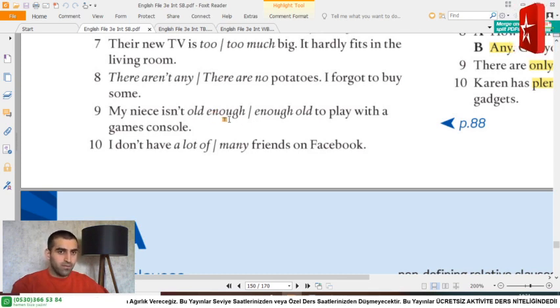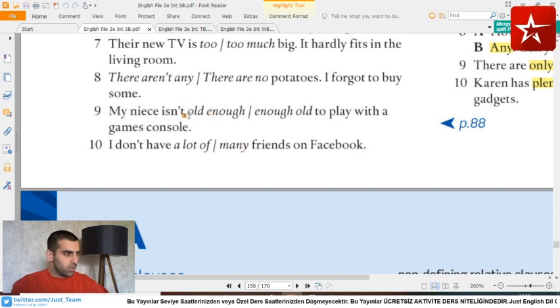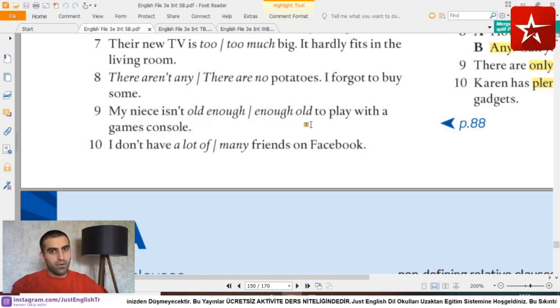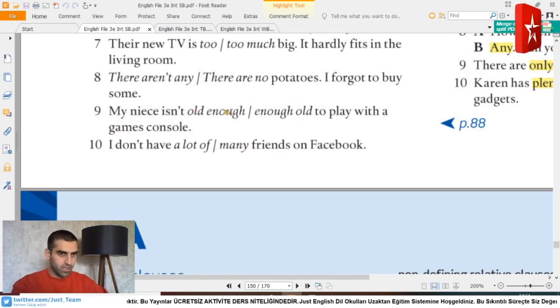Because enough and old, you can see old is an adjective here. That's why we use enough after adjectives, right? Yes, here we cannot use enough old. This is wrong. Old enough is the correct answer.